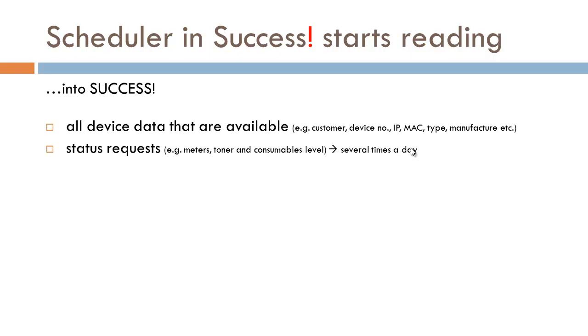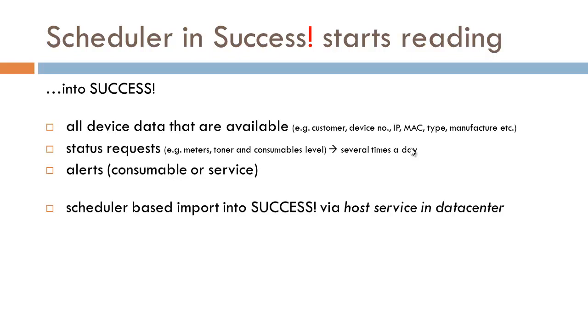What about the consumable status, the alert status, and so on. Normally the devices are read from the web service once a day, but the status request can be done every hour or every 3 hours, whatever. By the reading, all the alerts for consumables and service are transferred into the system.